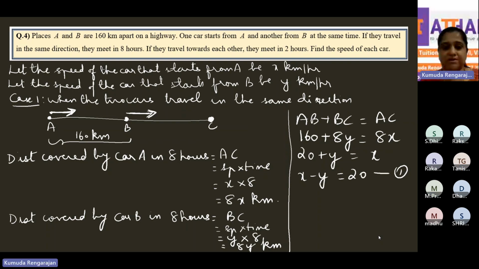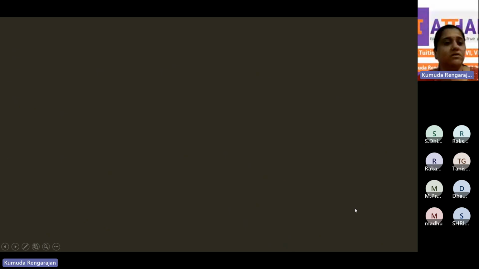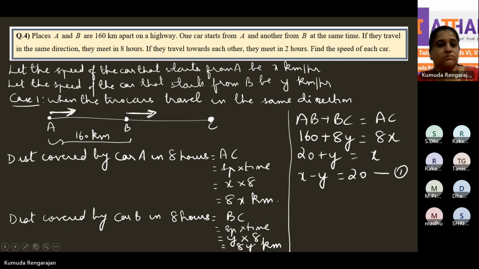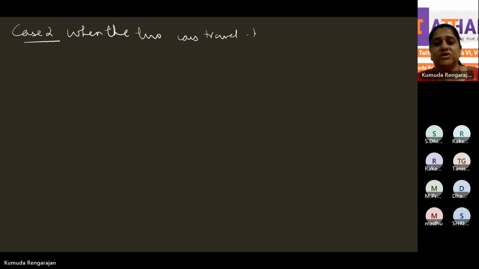Now let's see the second case. Case 2 is when the two cars travel towards each other, or in the opposite directions.